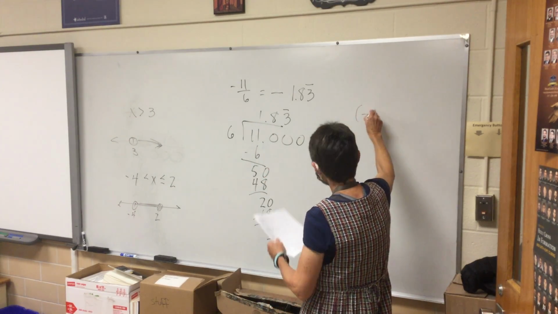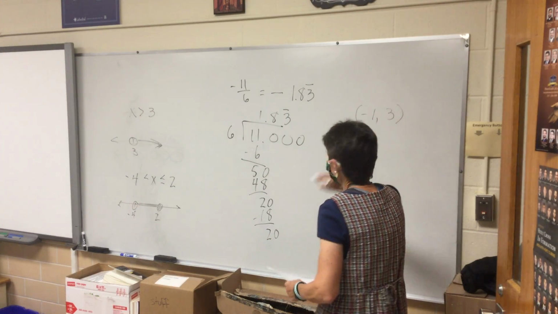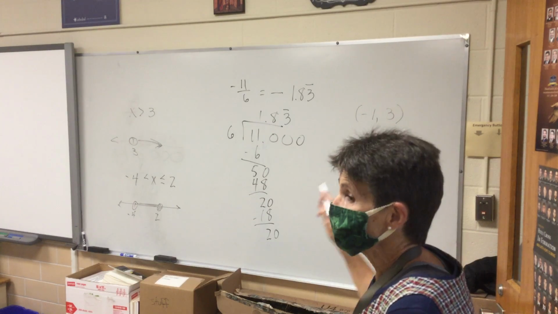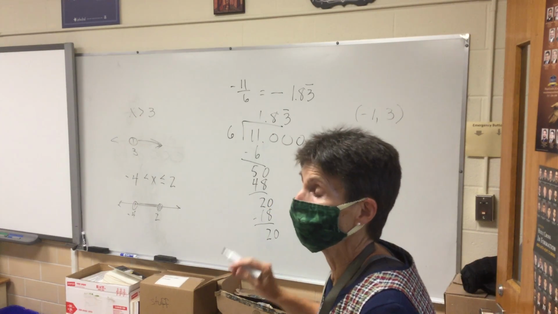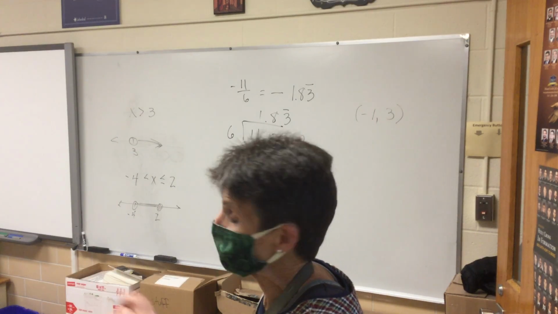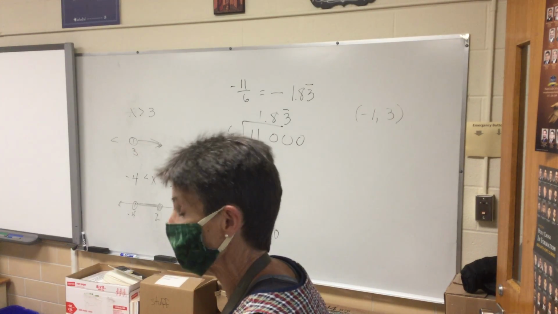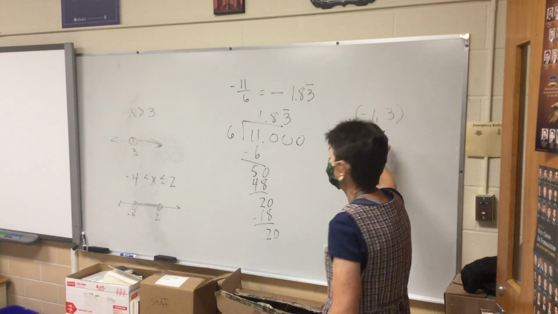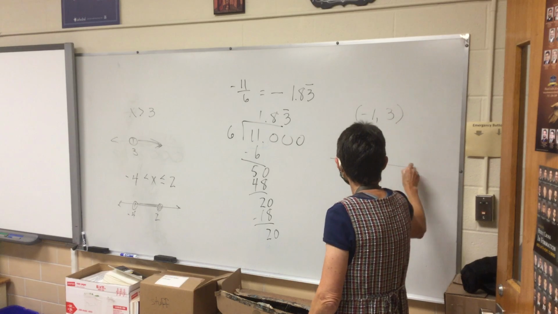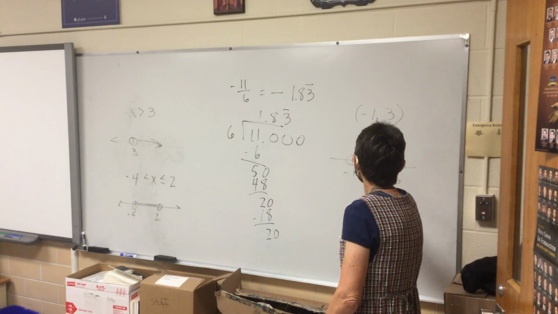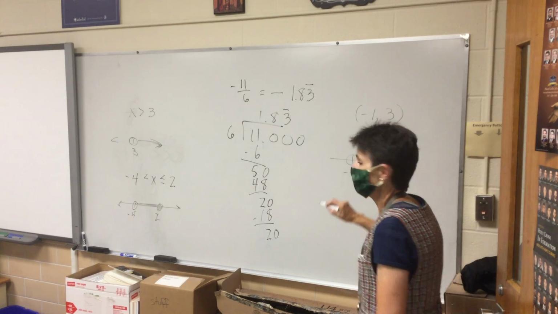Now, here comes something that you may not have talked about last year. This does not represent an ordered pair. In other words, you're not going to go left 1 and up 3. That's not what this means, even though it looks like that. This is the interval of numbers from negative 1 to 3 and everything in between.